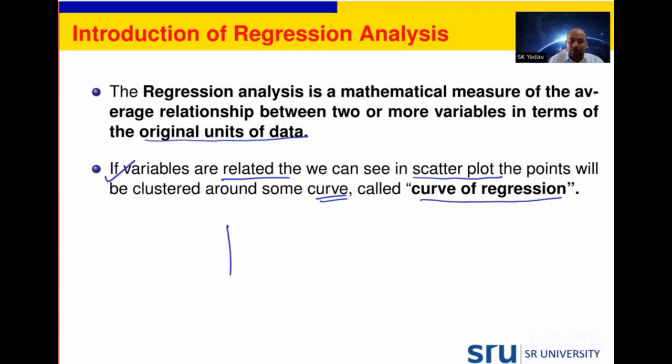For example, here I am showing you a scatter plot of x and y. These dots are points, and these are x comma y coordinates. So we can predict some line that passes through most of the points. This is called the best fit linear line.